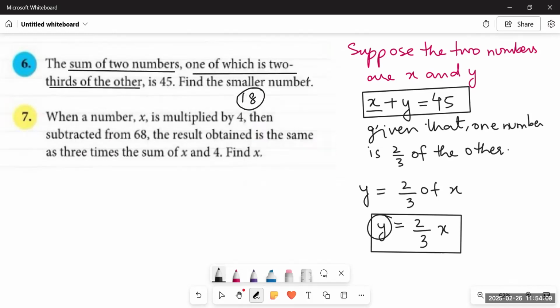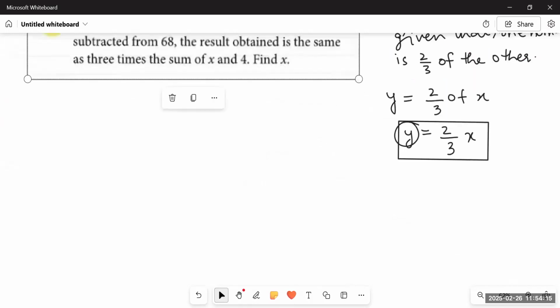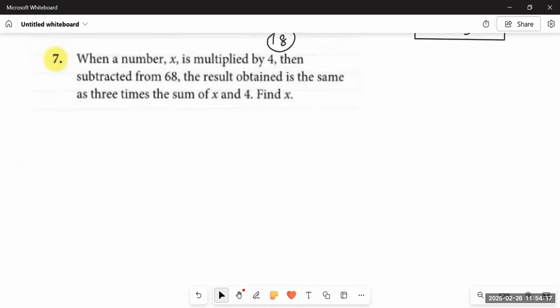Okay. The next question says, when a number x is multiplied by 4, then subtracted from 68. I have told you many times earlier that when there is subtraction involved, the number after "from" or after "by" would come first.